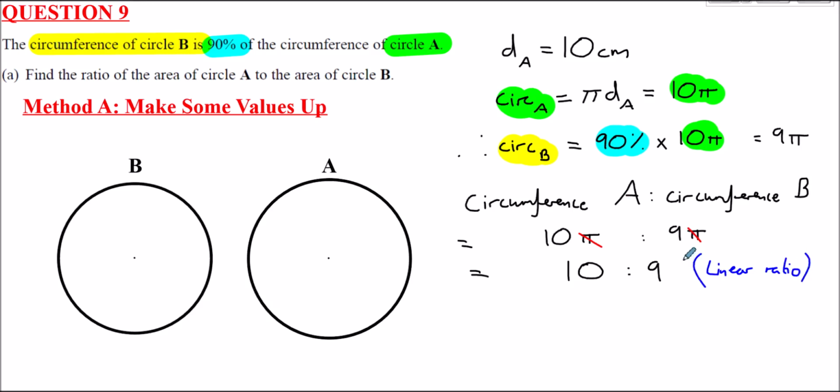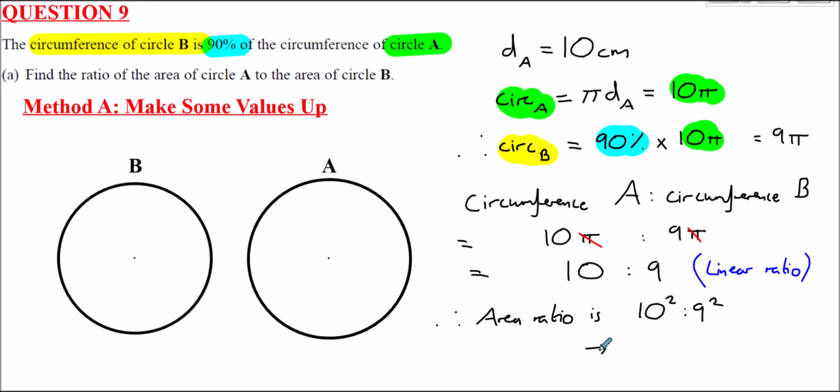The area ratio, the ratio of areas of circle A to circle B, will be these values for the linear ratios all squared. So therefore, the area ratio is going to be 10 squared to 9 squared.